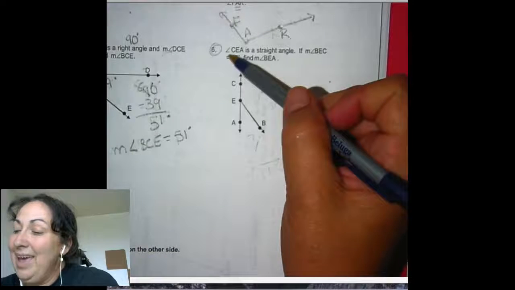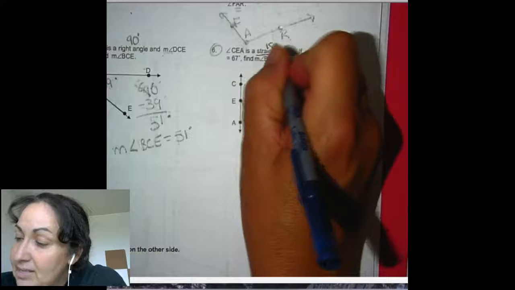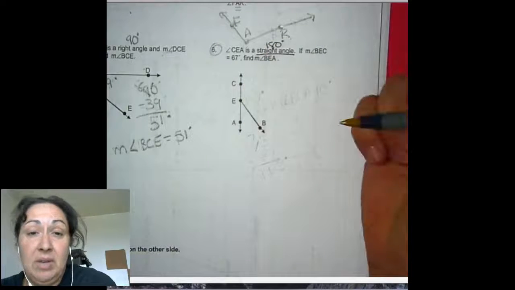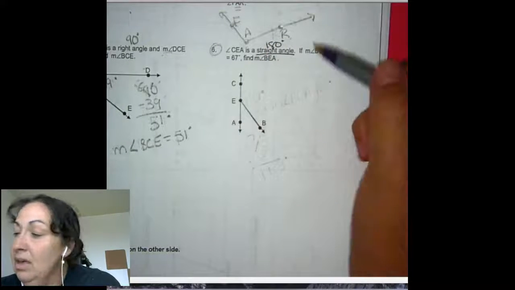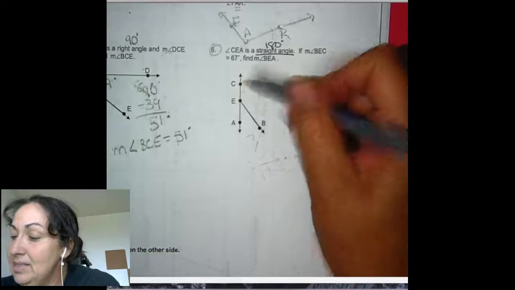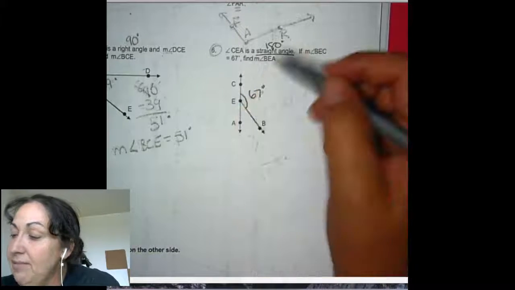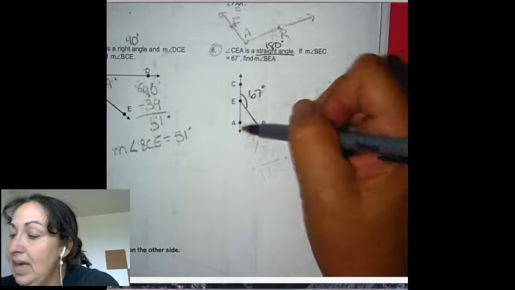Number 6 says angle CEA is a straight angle. That means it's equal to 180 degrees. If the measure of angle BEC, which is this part of the angle, is 67 degrees, find the measure of angle BEA.